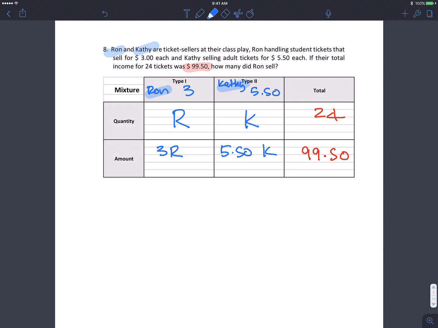So the number of tickets Ron sells, R, plus the number of tickets Kathy sells, K, better be 24. I get R plus K is 24. The amount here is $3 for the value of the tickets that Ron has versus $5.50 for Kathy for a total of $99.50. So 3R plus 5.50K gives us $99.50.